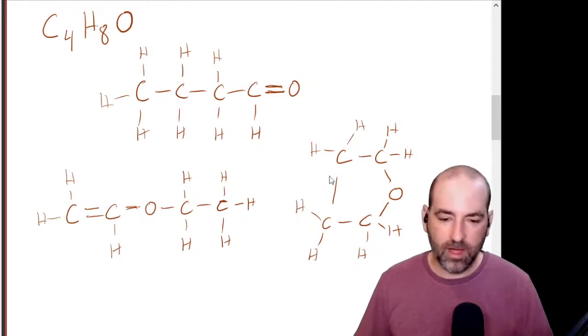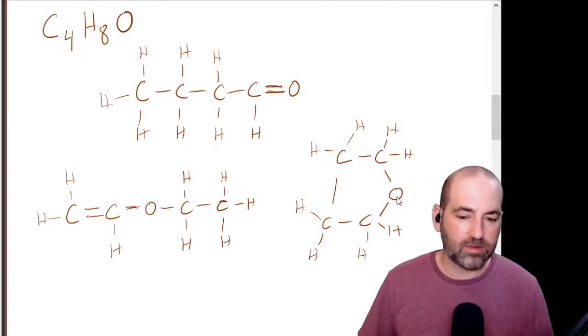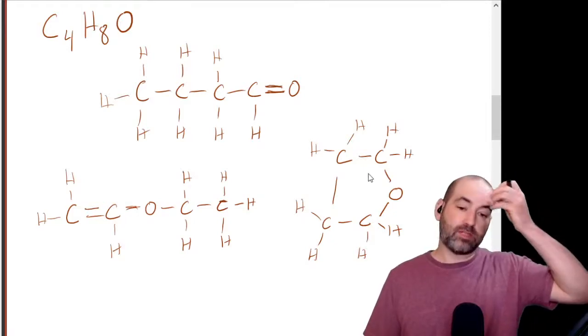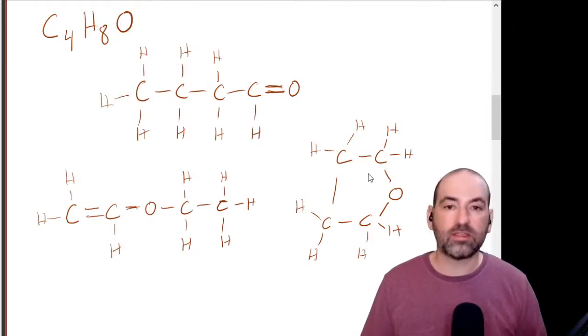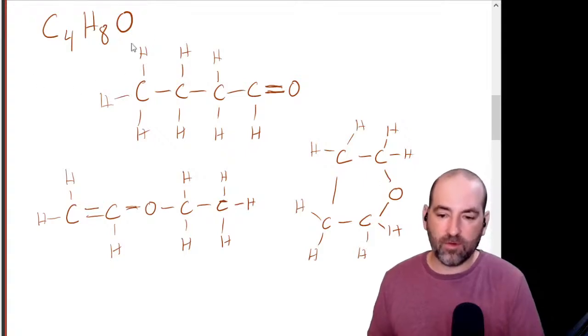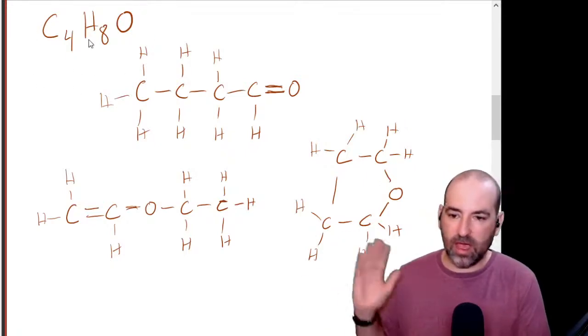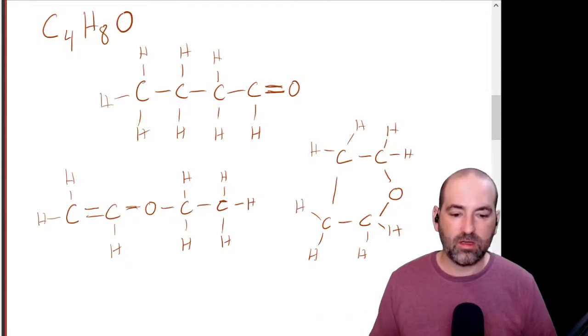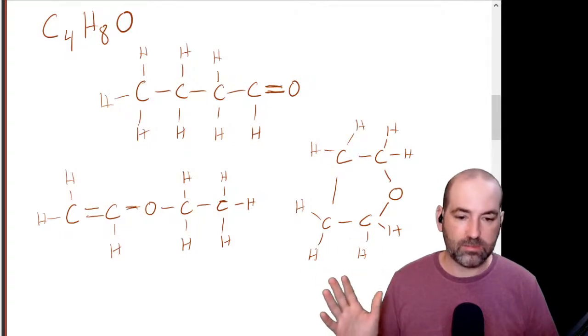And we've got 4 bonds around each carbon and 2 bonds around the oxygen, 1 bond around each hydrogen. So that works as well. There's many, many choices. And the point of doing this, besides just practicing building these structures using those bonding patterns, is that a molecular formula, a counting of how many atoms are in the structure, is not really enough information when we have multiple different possibilities.